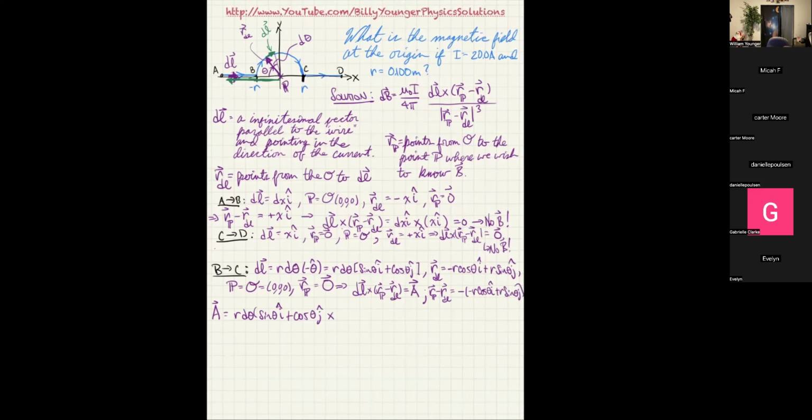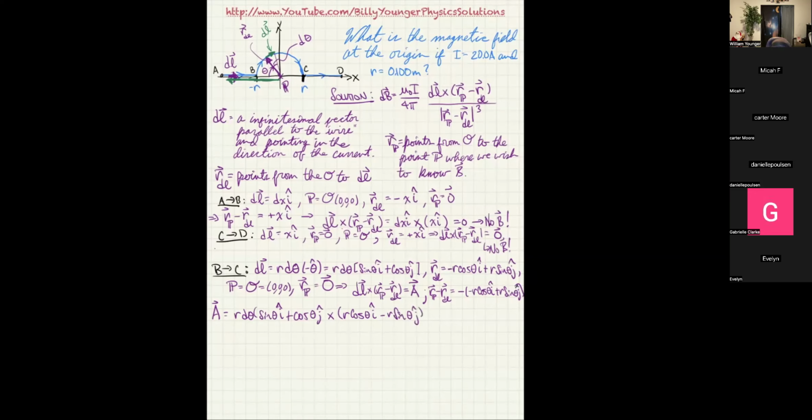Okay, so you see what it's going to do is basically make it a positive R cosine theta I hat minus R sine theta J hat.